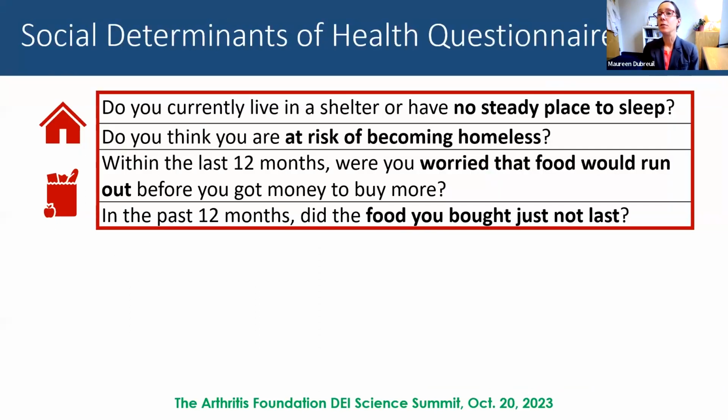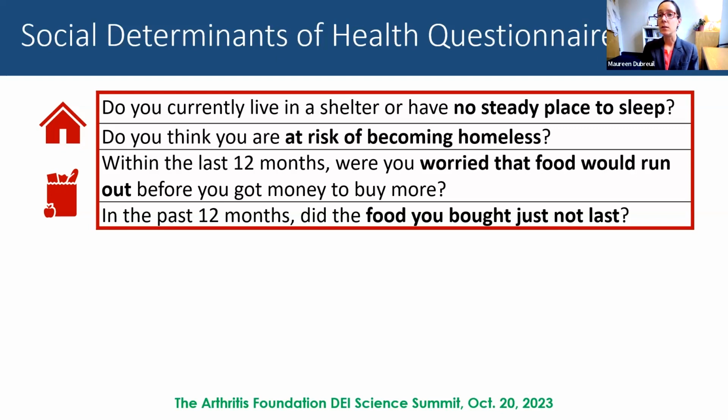In terms of social determinants of health, we have a very unique process to administer a questionnaire in the primary care clinics of all of our adult patients and assess things like food and housing insecurity. So we considered 4 of the questions from this questionnaire in designing our current study. Those are listed here, the top 2 addressing housing insecurity and the bottom 2 addressing food insecurity.